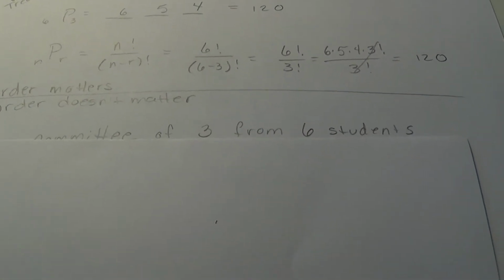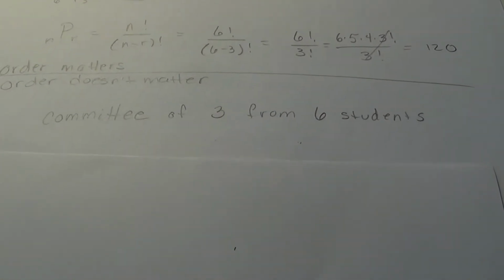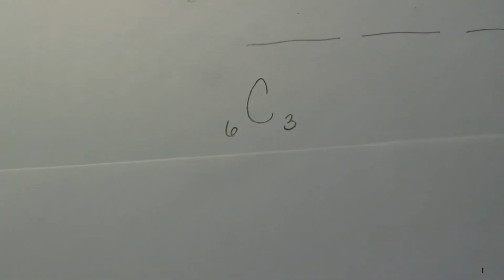It's now called a combination. When order doesn't matter, we are going to use this symbol. Instead of a P for permutation, we're going to use a C for combination. I like to think of it as committee because it sort of carries the idea behind order not mattering, but it really stands for a combination of 6 things taking 3 at a time.